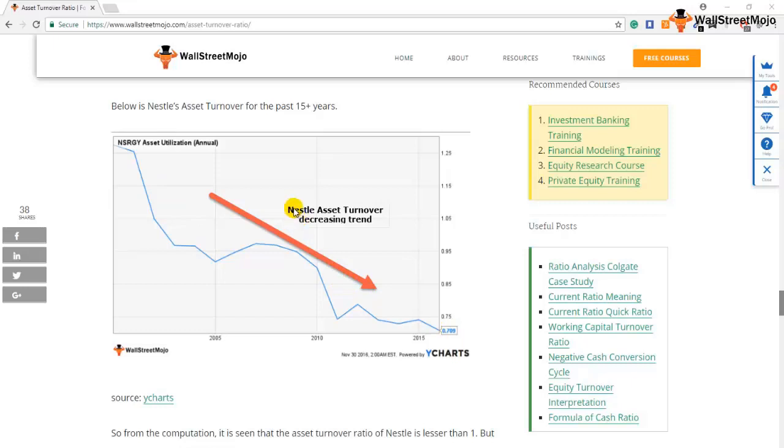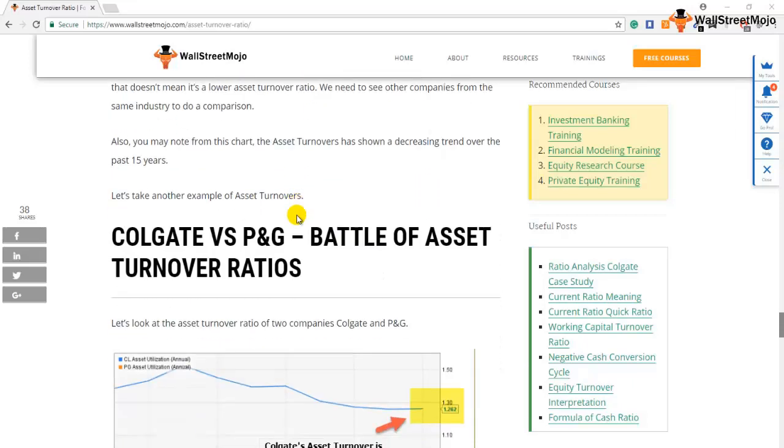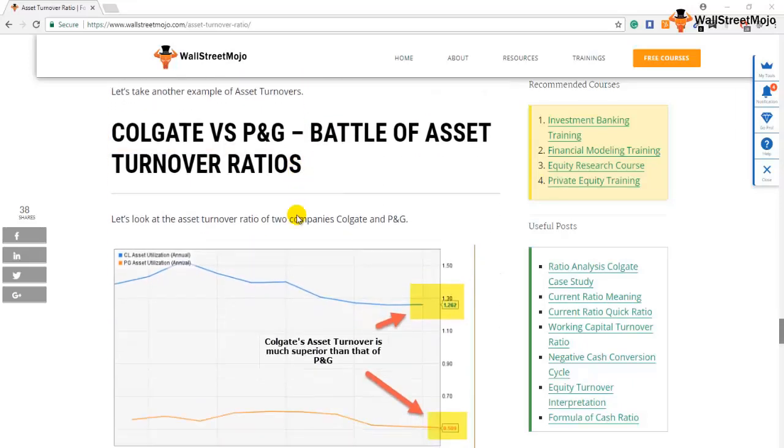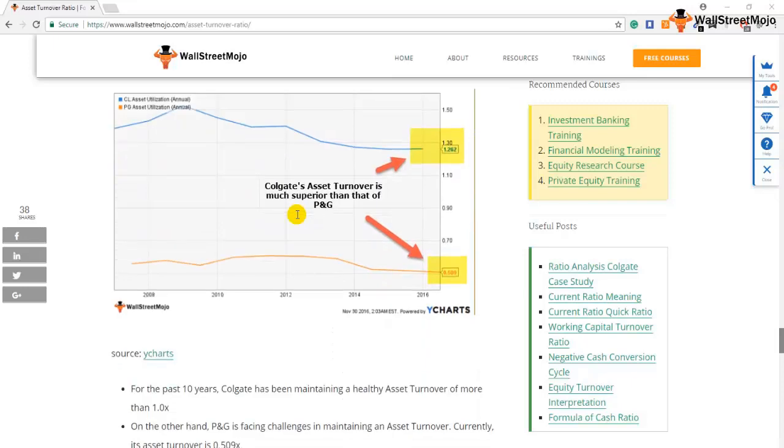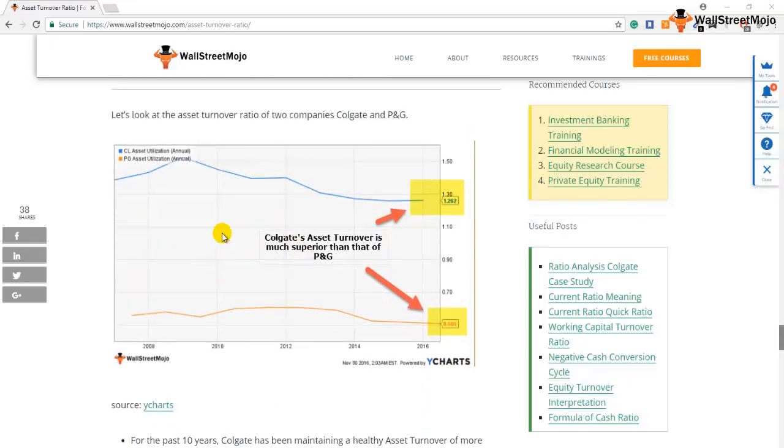Okay, so Nestle is basically a part of the FMCG industry group, and as we discussed earlier, we can't comment whether this is good or bad unless we compare this with the industry. So I thought, why not compare this with Colgate and P&G, which are kind of not the true peers, but still they are in the FMCG sector. So on one side, in this graph, you can find the asset turnover ratio of Colgate and P&G.